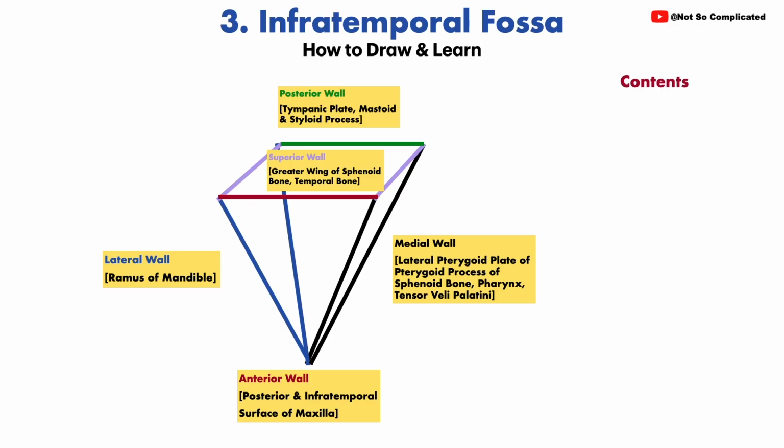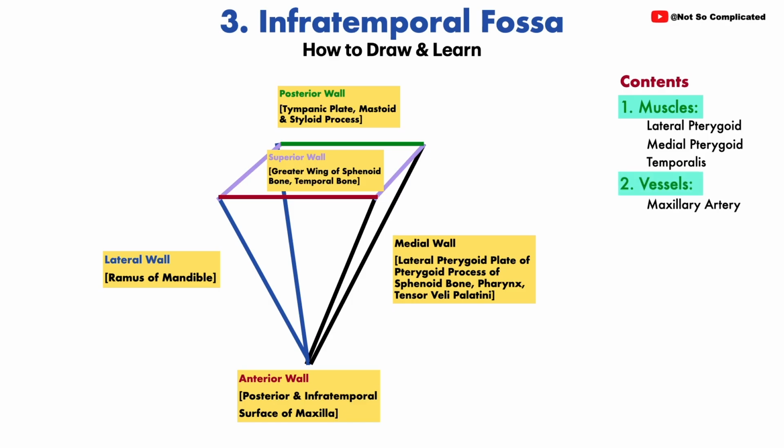This is how the infratemporal fossa is made. Talking about the contents of this fossa, there will be muscles, the muscles of mastication: lateral pterygoid muscle, medial pterygoid muscle and temporalis muscle. There will be vessels, the maxillary artery.